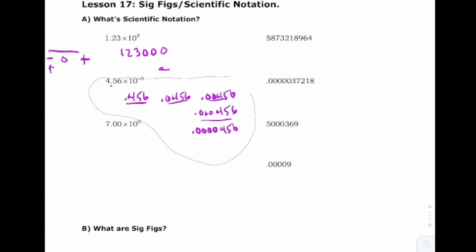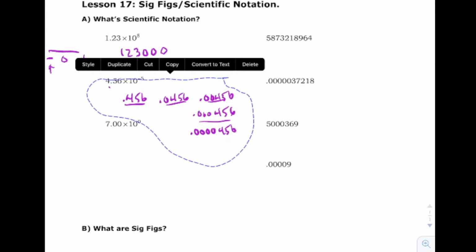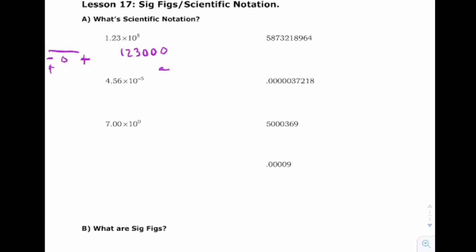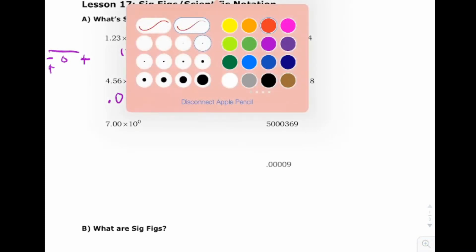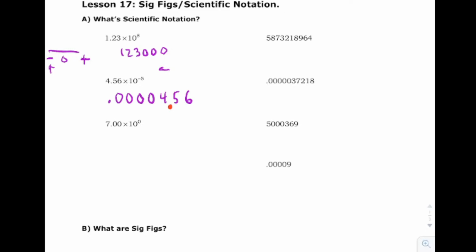So let me do it this way. We used to have a 4.56, but this was telling me to slide the decimal left, negative direction, left, 5 times.